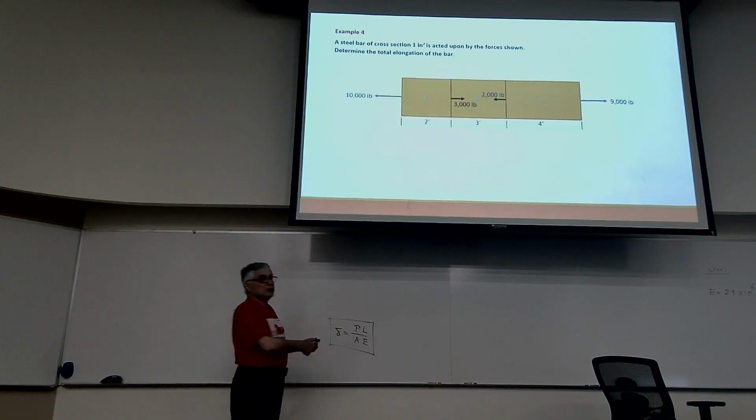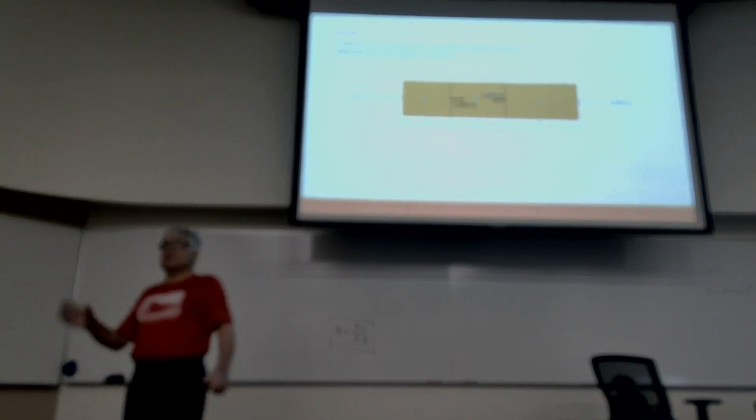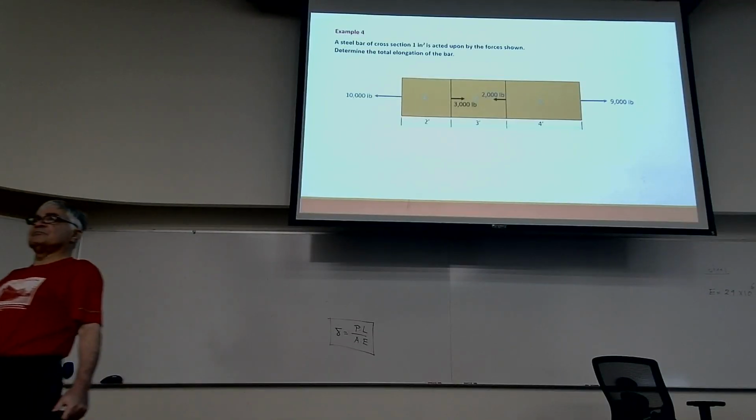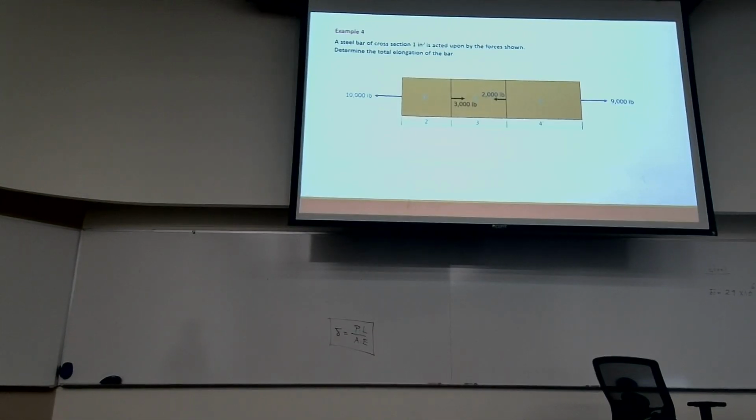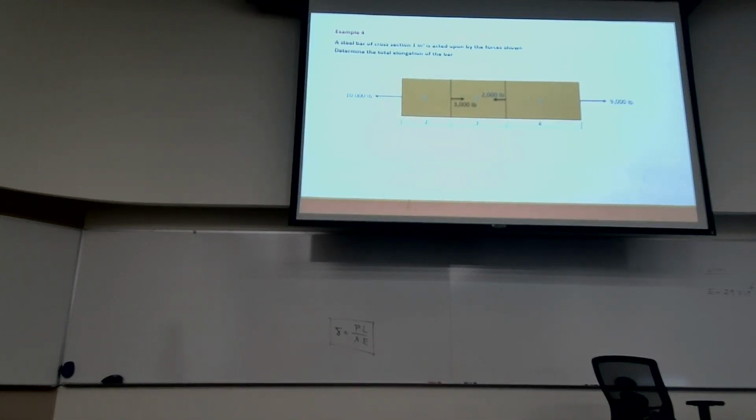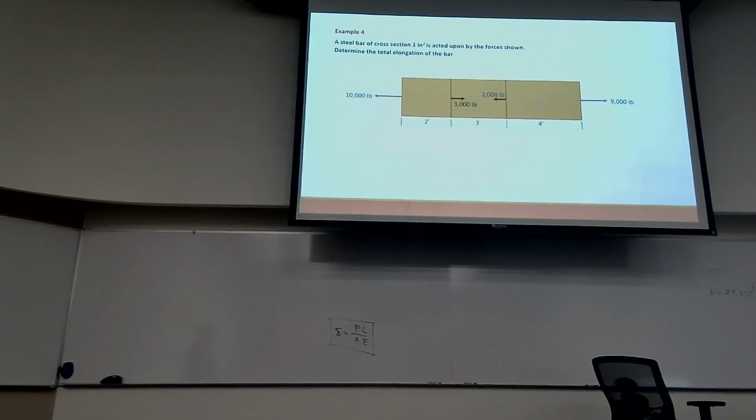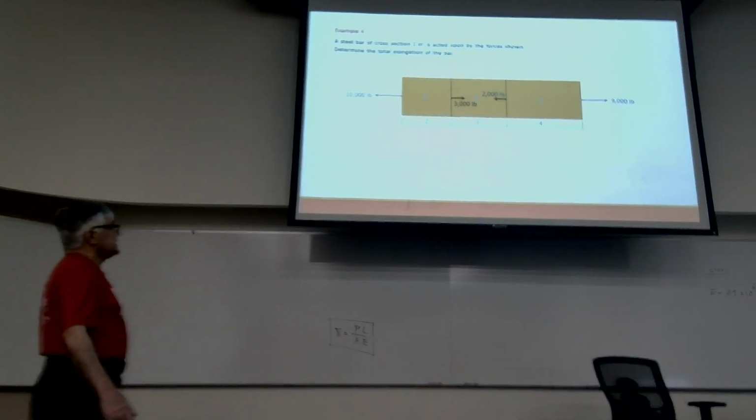So what we need to do is find the deltas for pieces 1, 2, 3, and add them up. If you have tension, then the elongations are going to be positive. If we have compression, then the elongations are negative. So obviously we need to keep track of what's positive and what's negative.